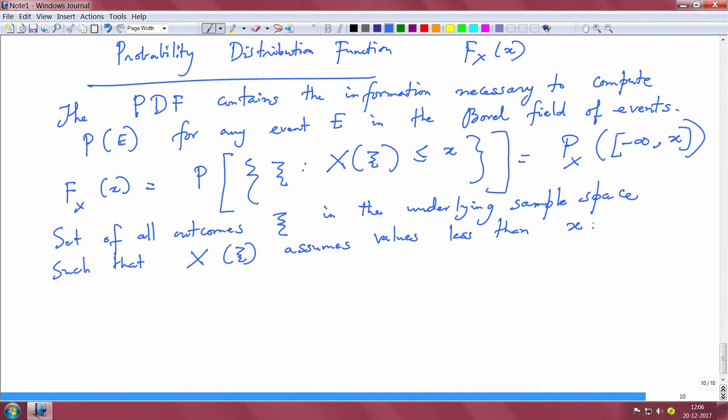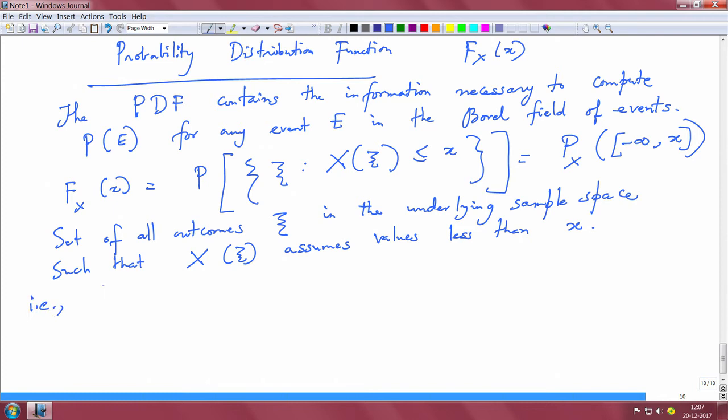I give some small x and I want to figure out under the mapping X the set of all outcomes zeta such that X of zeta is less than or equal to that chosen quantity.